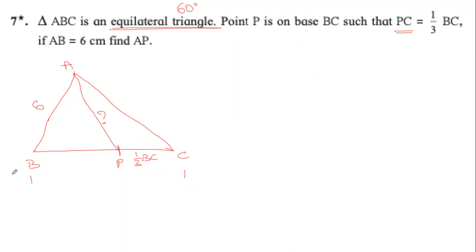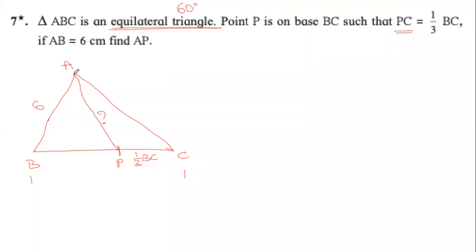First of all, we notice that we don't have a right angle here yet. If we don't have a right angle, we will not be able to use what we have studied in this chapter. So first of all, we need to create a right angle.